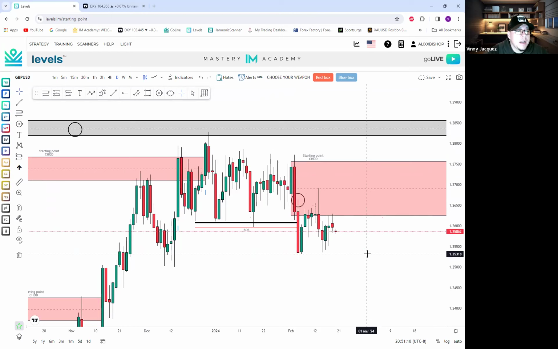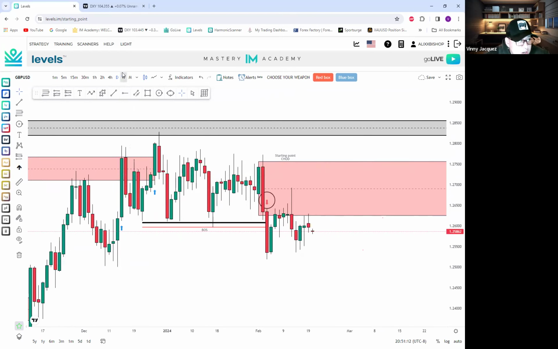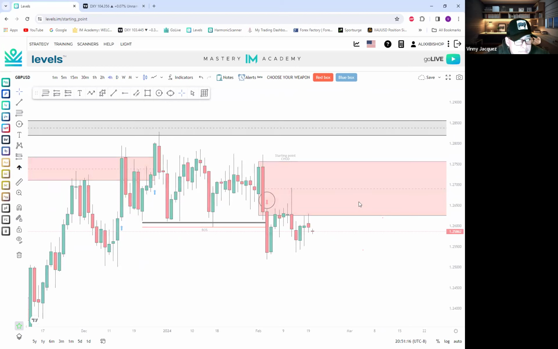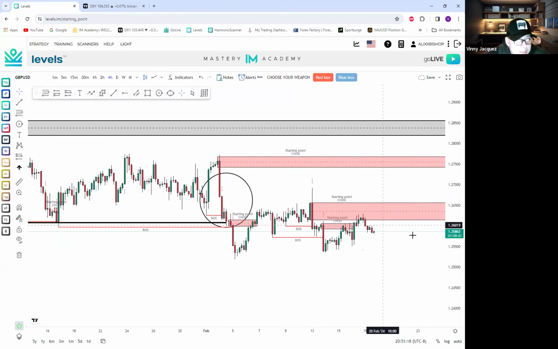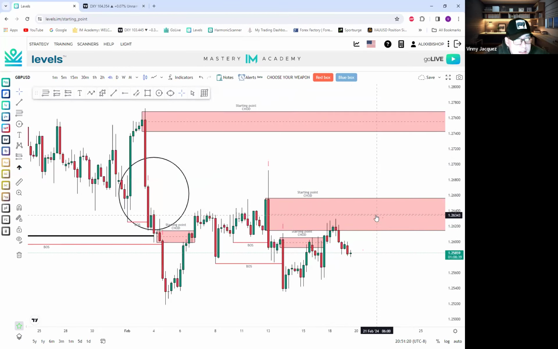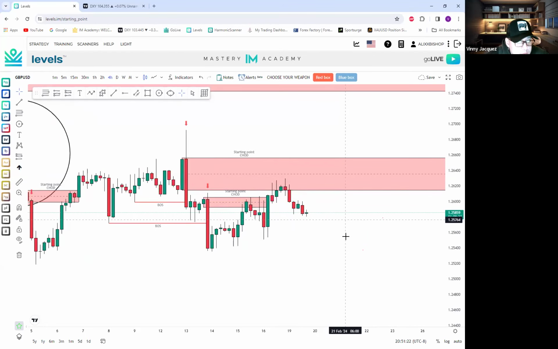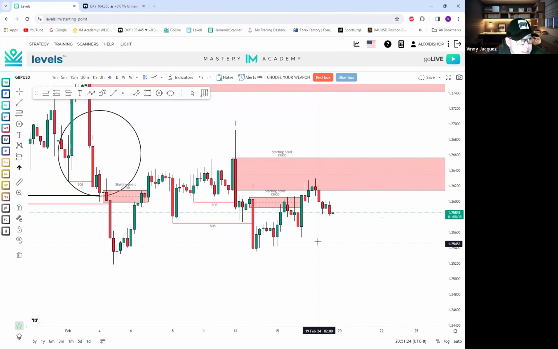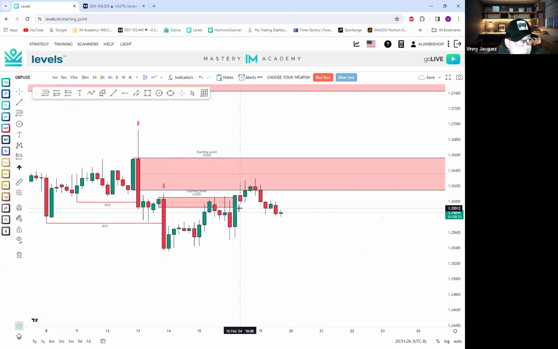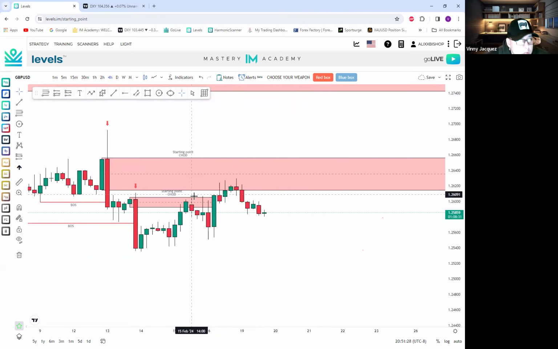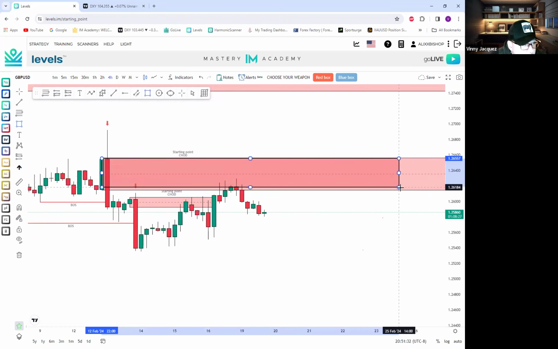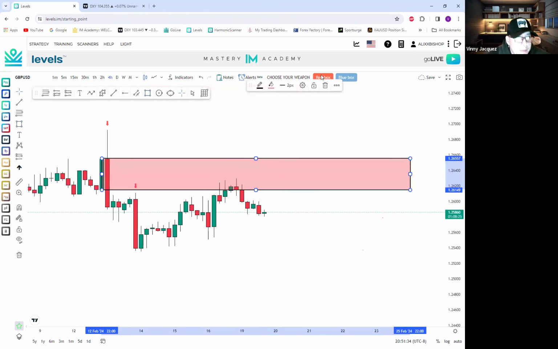Absolutely. So now let's drop down to the daily time frame real quick, or the 4 hour. Dang, look how clean this is. So let's just focus on this one because this is the one that daily had us on. Okay, cool.